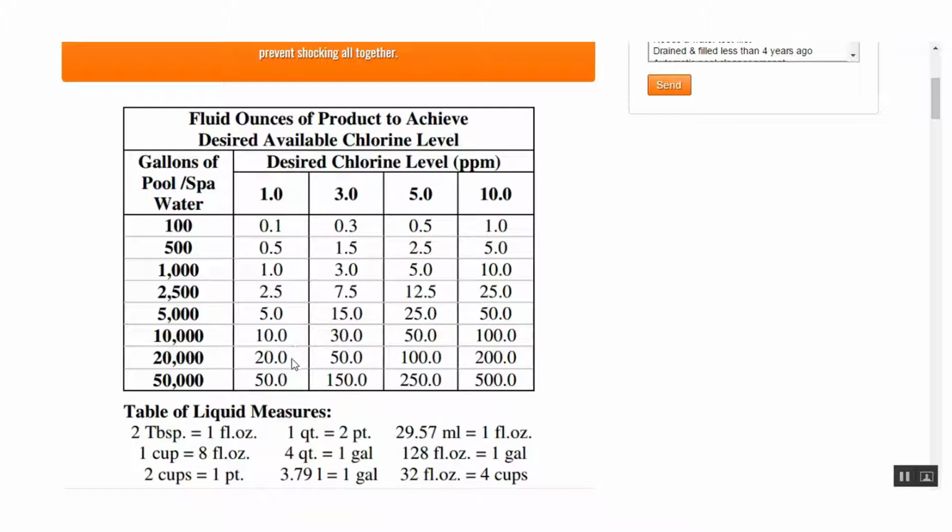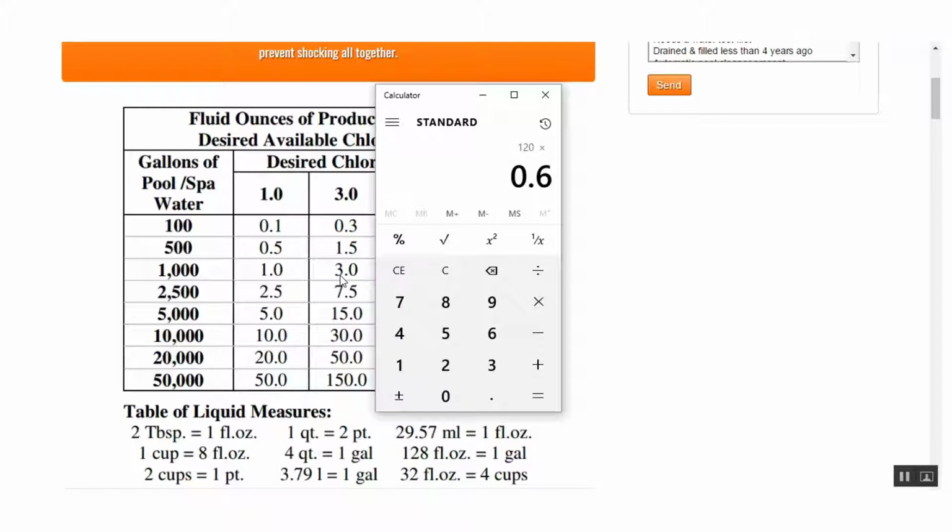But guess what? You're going to have to put in 80 ounces if your cyanuric acid is double your stabilizer or conditioner. So if it's sitting at 80, 20 ounces will not do it for you. 40 ounces is what it will take. Does that make sense?